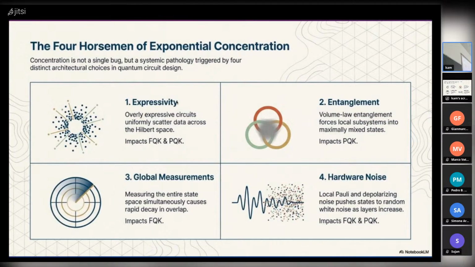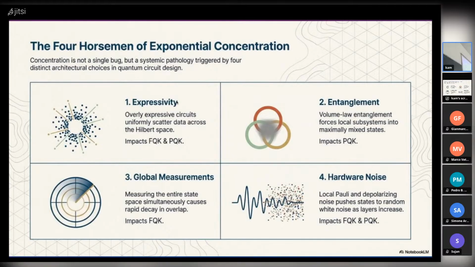For all these high depth circuits, with volume law entanglement or global measurement, you map the data to a very uniform distribution, nearly similar to random data in the high dimensional space. So we cannot capture the geometry of the original data.